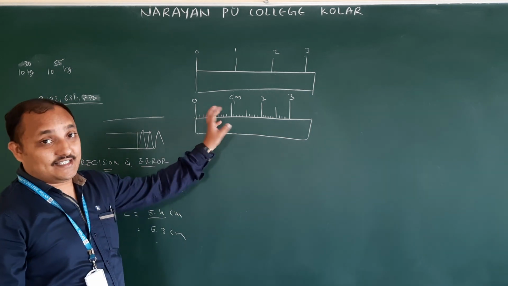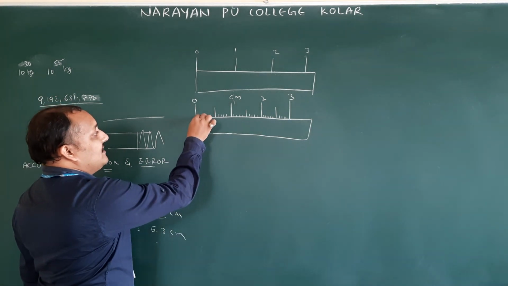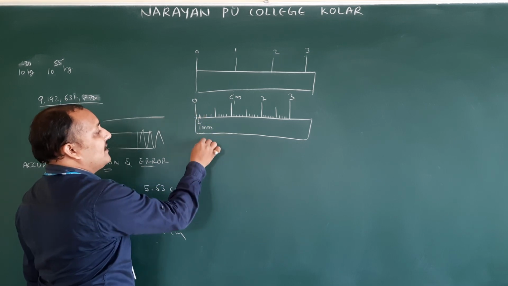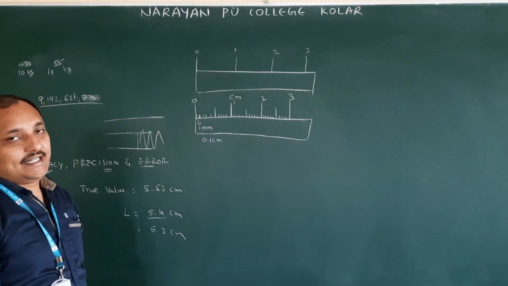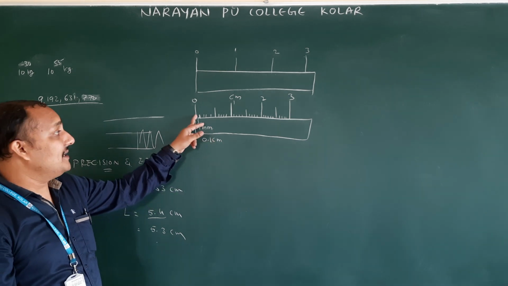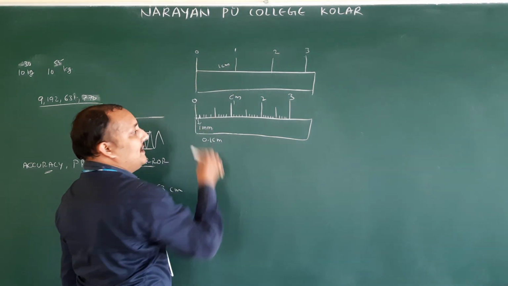So what is the minimum value you can measure using this? That is only this, which is 1 millimeter, otherwise 0.1 centimeter, that is 1 by 10 centimeter. So 1 millimeter is the minimum value for this one, and for the first one the minimum value is 1 centimeter.